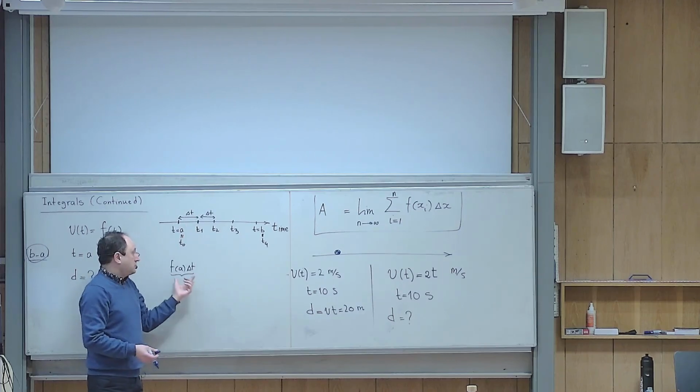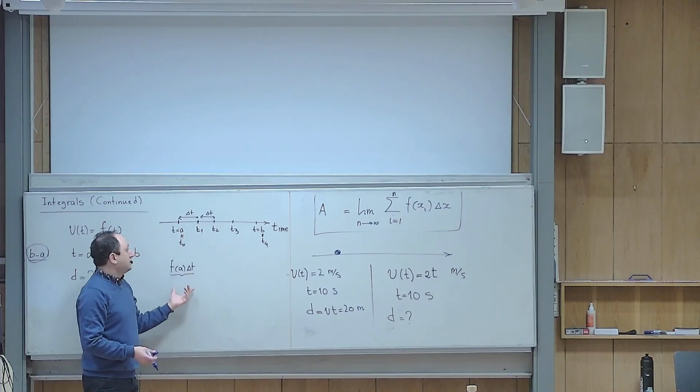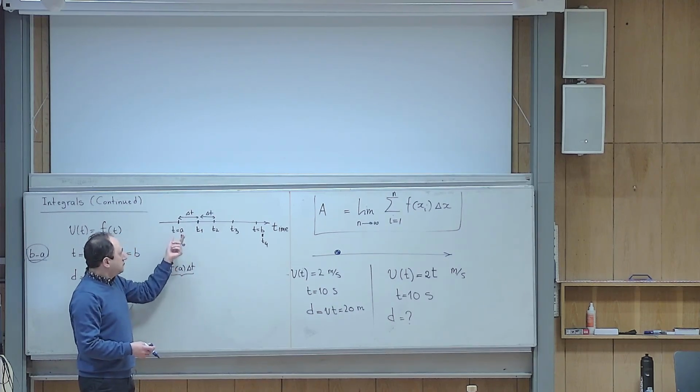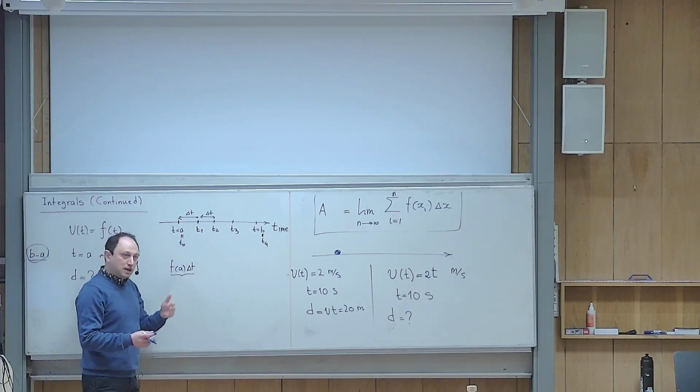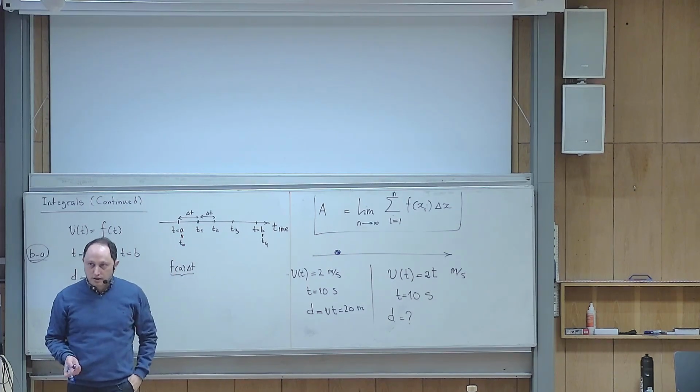How good or bad this approximation is depends on the speed of my particle and how long this time interval is. But I hope that intuitively you agree with me. If I make this time interval shorter, this quantity gets closer to what is real. Yes?